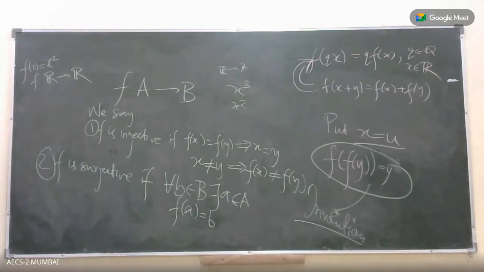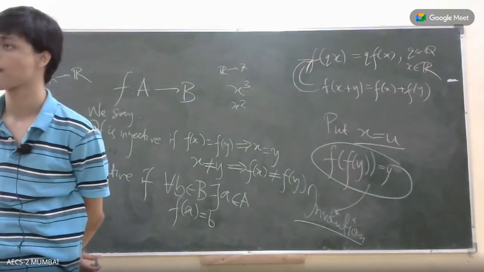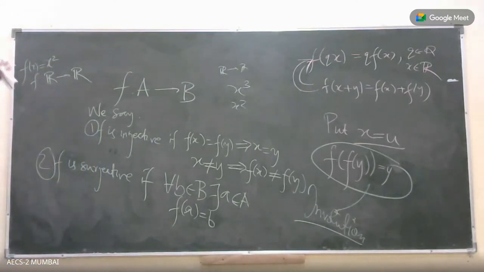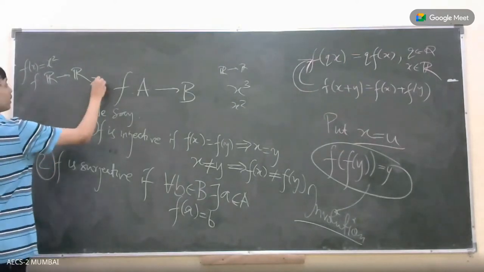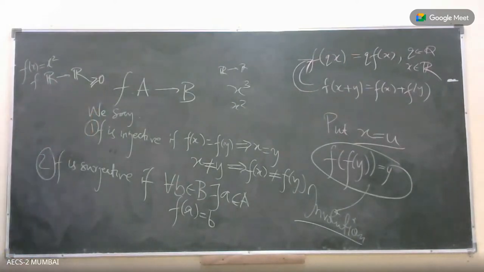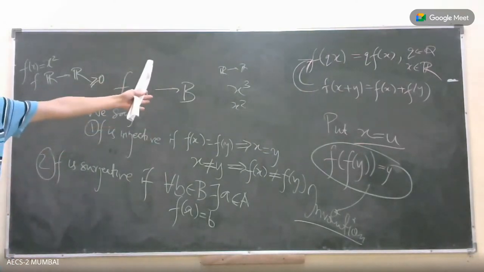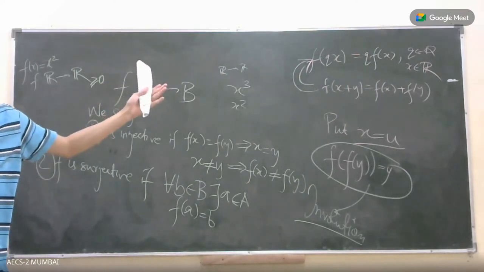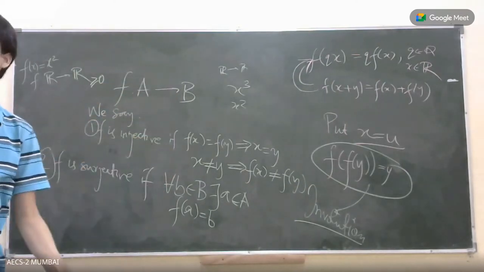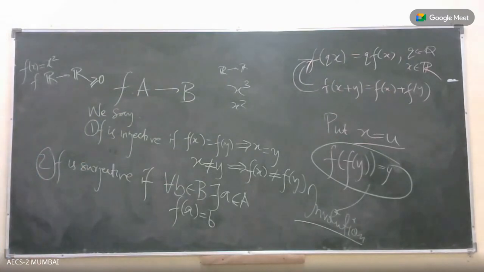Not surjective. Why not? Because negative numbers can't appear. Because there is no real number whose square is minus 1, right? This is not surjective. Now f from R to R greater than or equal to 0, f of x equal to x square. Is this surjective? Yes, because every non-negative real number has something whose square it is.